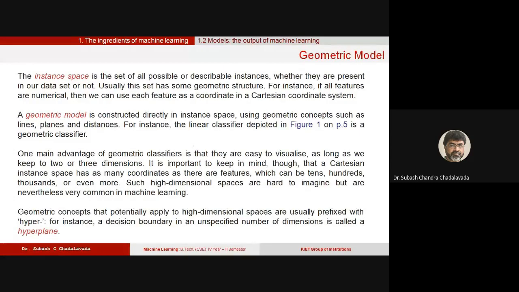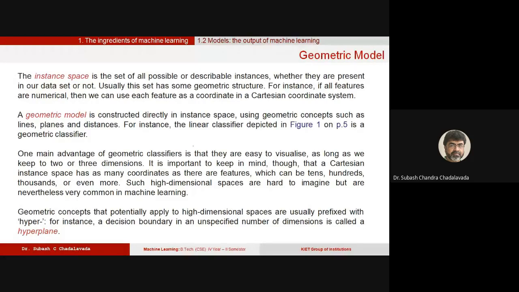You can use a feature as a coordinate in an instance space. So a geometric model is constructed directly in an instance space using geometrical concepts such as lines, planes, then distances and all. So you use geometric concepts to construct.